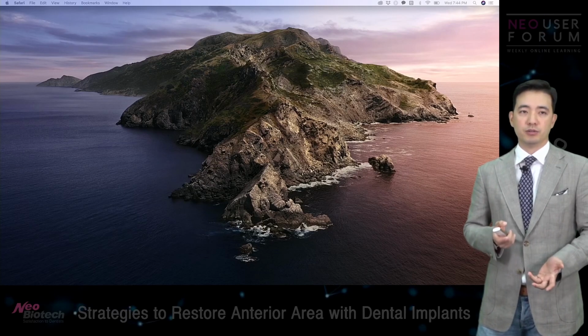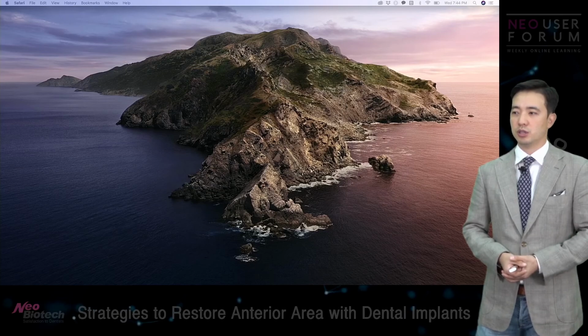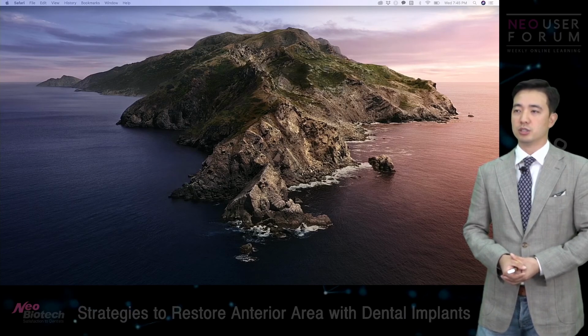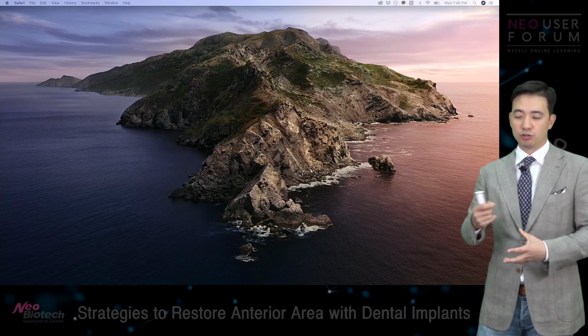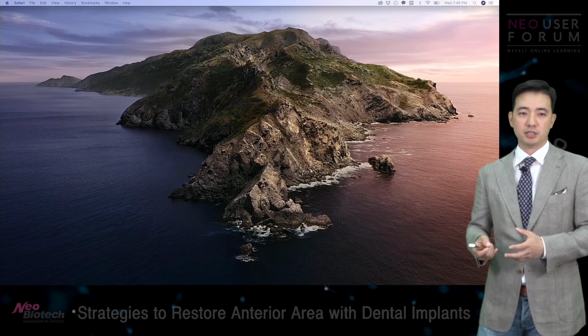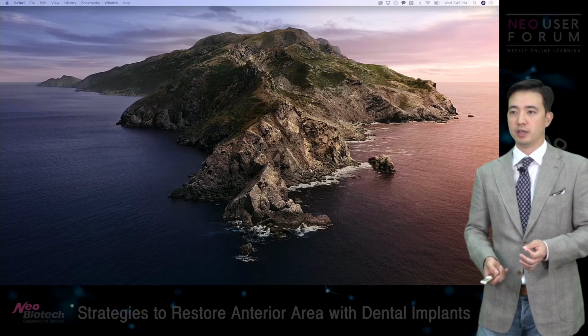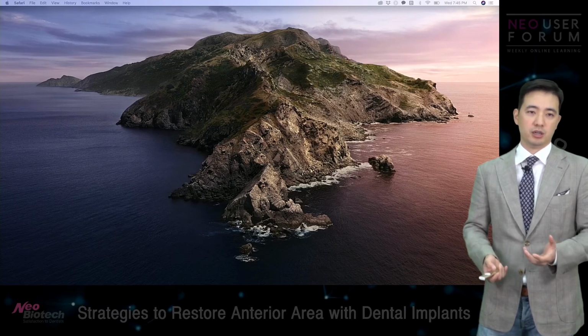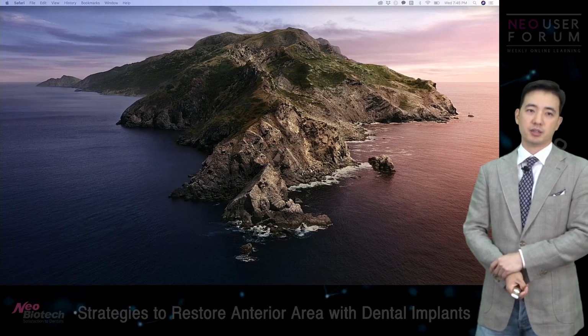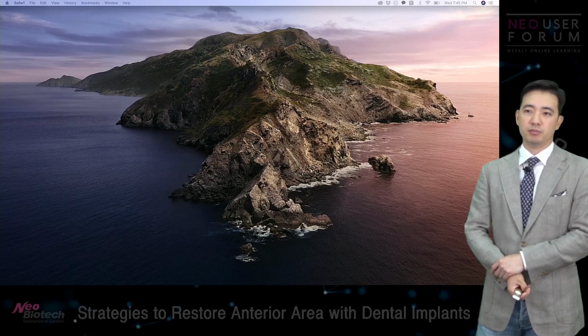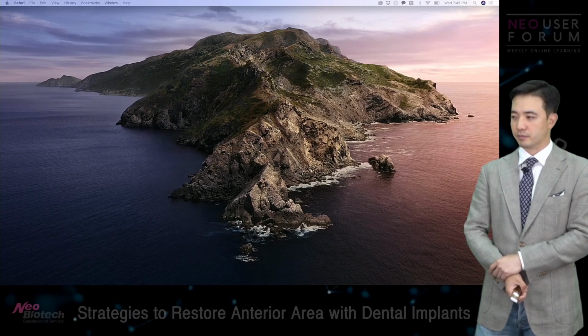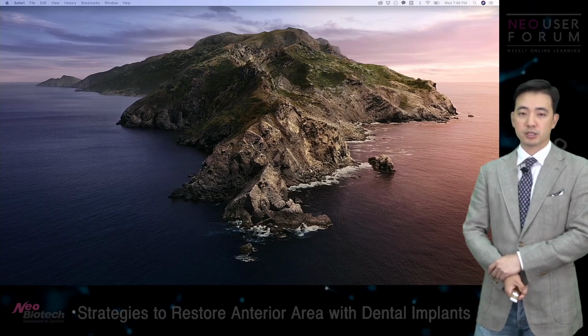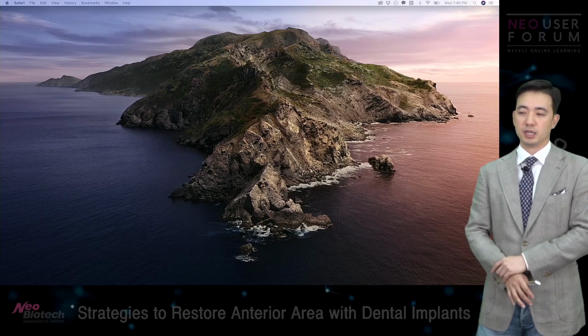So that's the reason why I would try to use the socket shield technique. Imagine you're trying to extract maxillary central incisors when the patient has 0.3 millimeter of buccal bone thickness. You're going to end up either breaking the buccal bone plate, or it's going to resorb for sure, 100%.